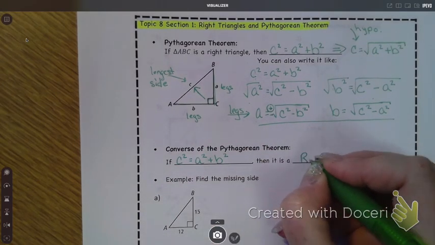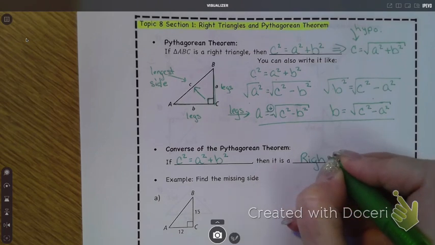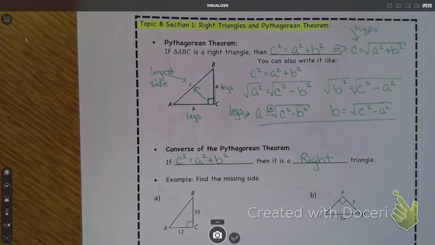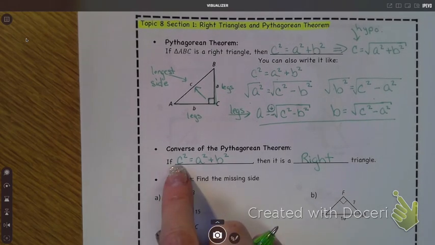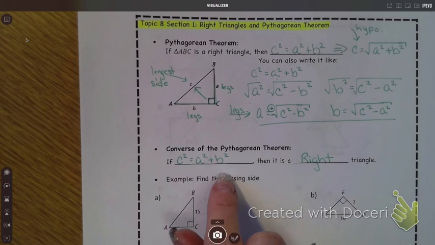A right triangle. So if we know it's a right triangle, we can solve for missing parts. But if we're checking if it's a right triangle, we can do c squared equals a squared plus b squared to see if it's a right triangle, if the right angle isn't marked.